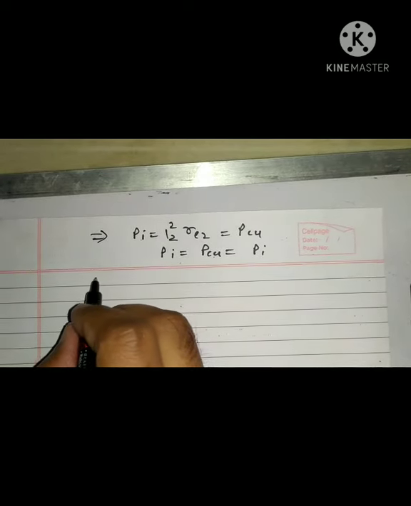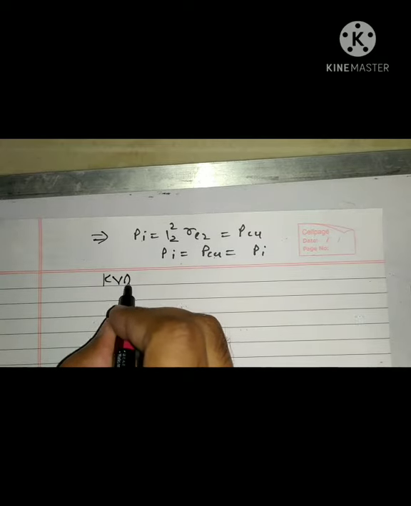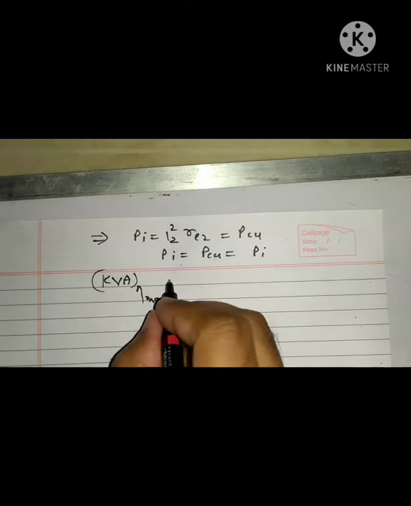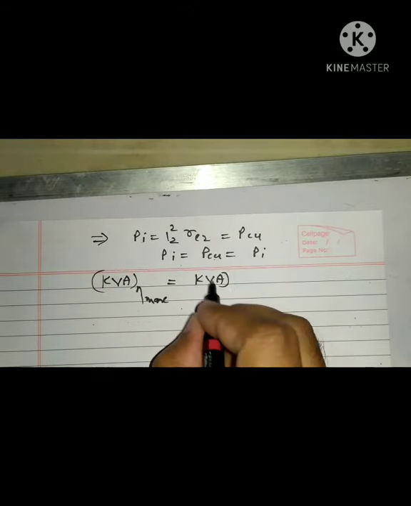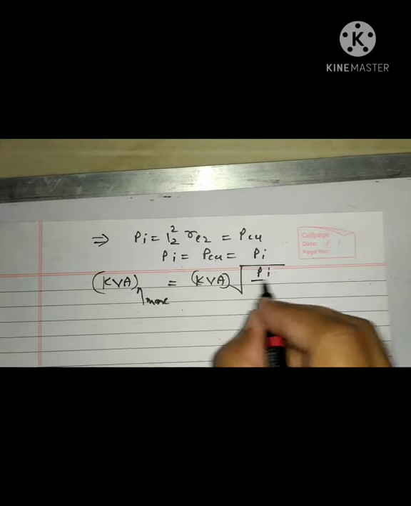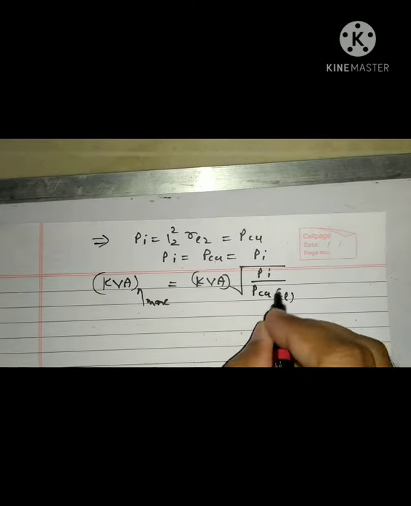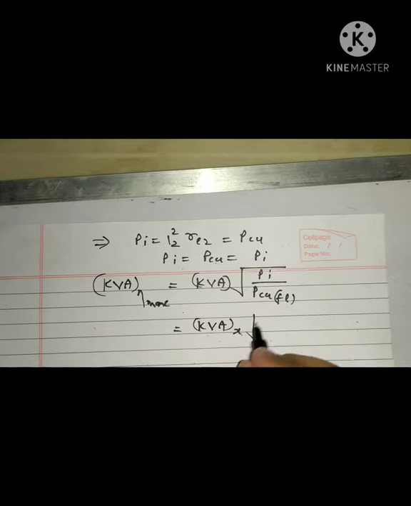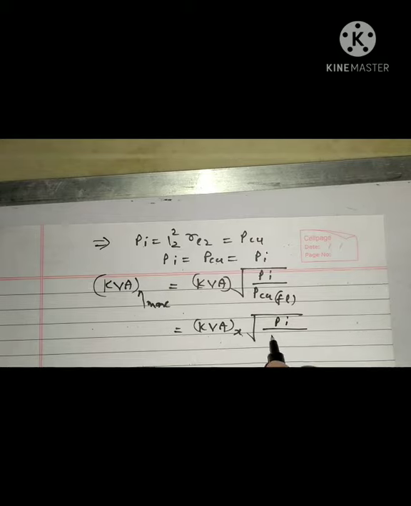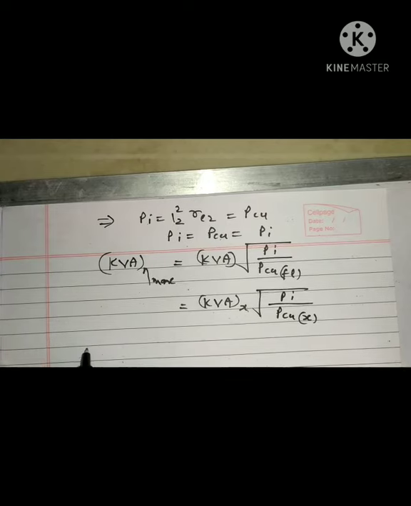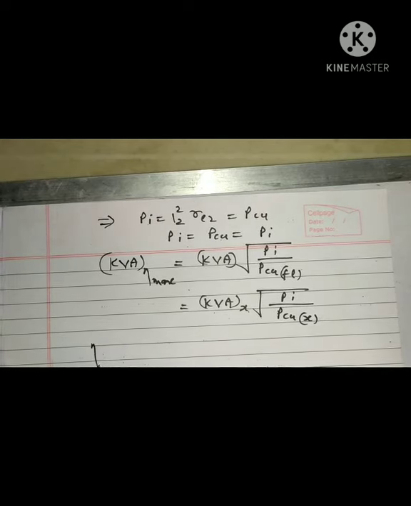And at maximum efficiency kVA also changes, and the value will be given by kVA at maximum efficiency eta max will be given by kVA at any load, or if it is full load then it will be kVA times square root of Pi by PCUFL. And if kVA at any fractional value is available, then it will be Pi by PCU at that fractional value, right?